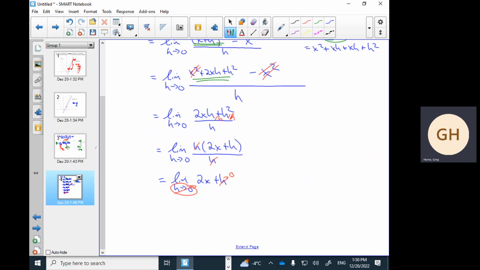So once we put a 0 in there, we say, oh, okay, so the limit is really just 2x, right? So the average rate of change approaches the instantaneous rate of change, and it's really just 2x. Well, in our case, in the geometry sketchpad thing that I showed you there, we're looking at an x value of 1, right?